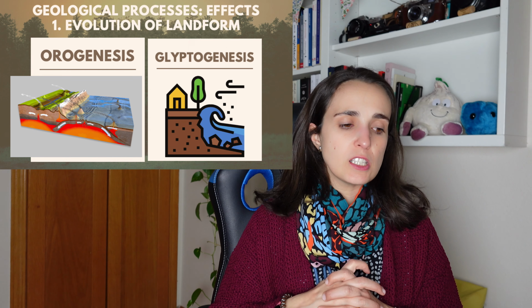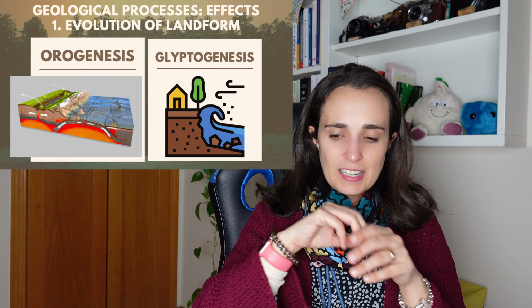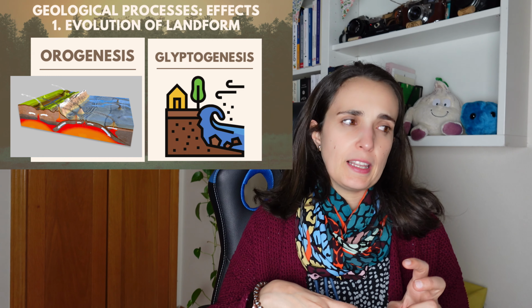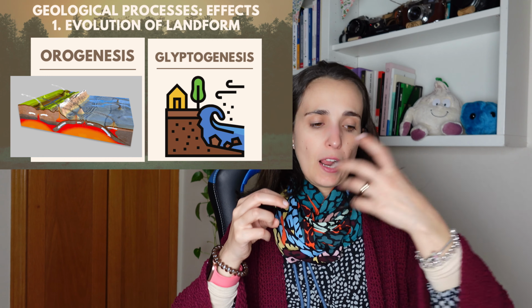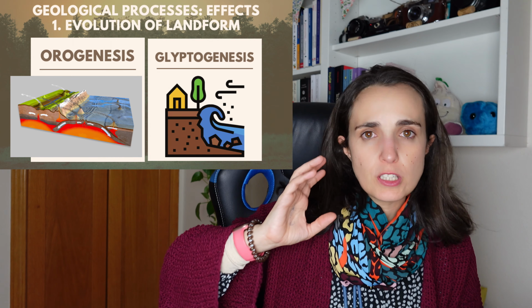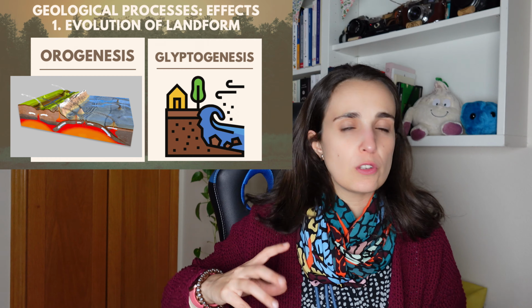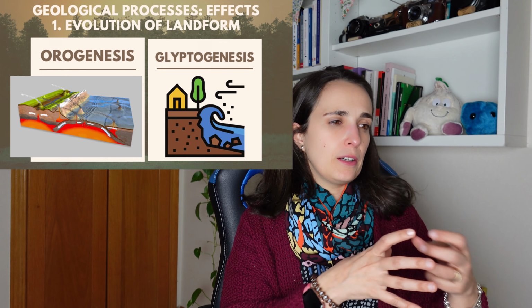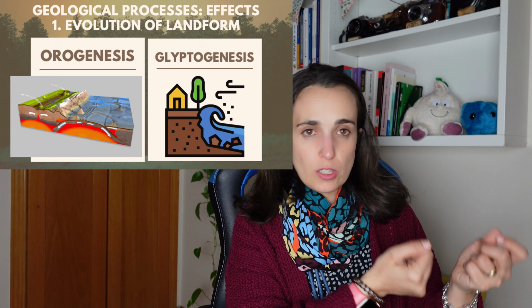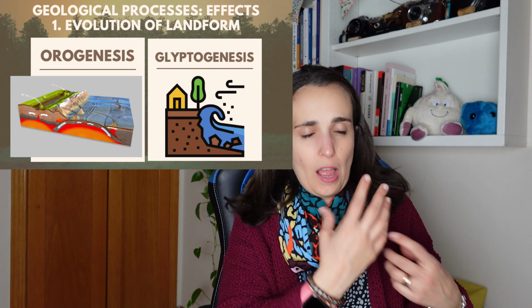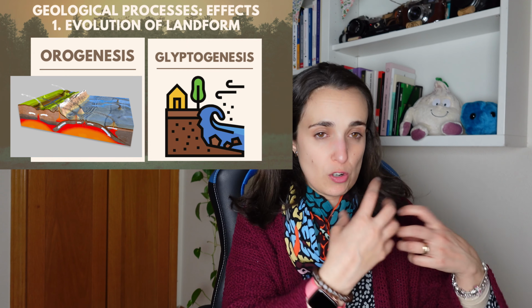So these processes of degenerating old rocks, transporting those fragments of rocks from top points to bottom points in the mountains, for instance, thanks to the action of water in the river, and sedimenting those fragments once the river is not strong anymore and has no more energy to transport them.